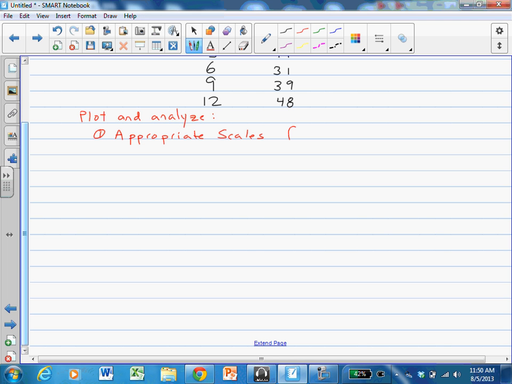And we do this to maximize the area of the graph we use. We don't want it all shoved into one small little corner. Two, we plot the points carefully.